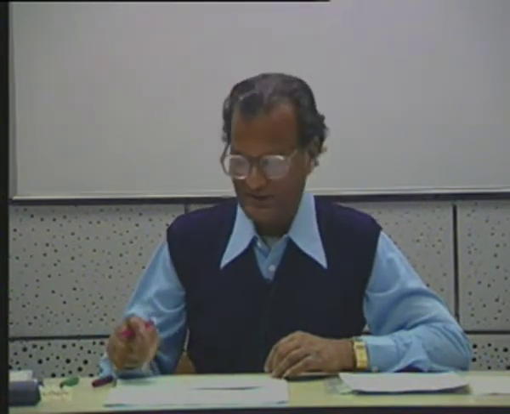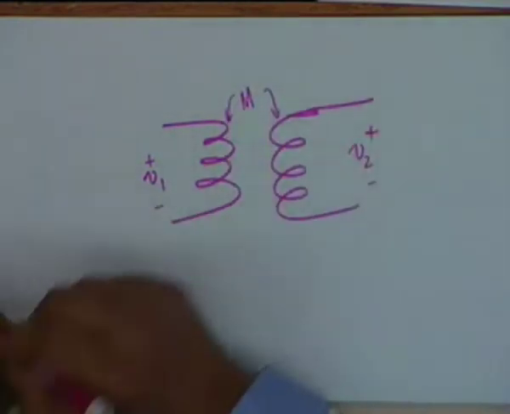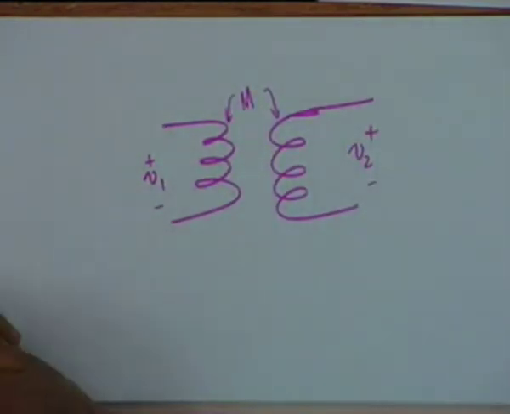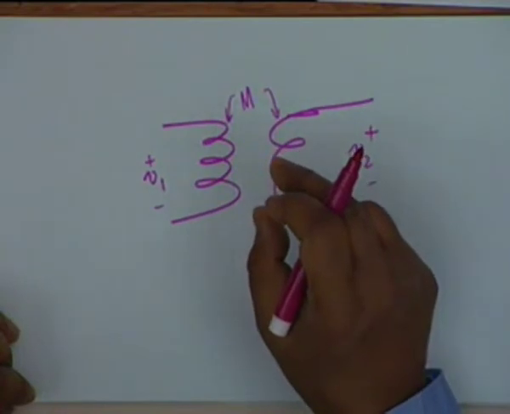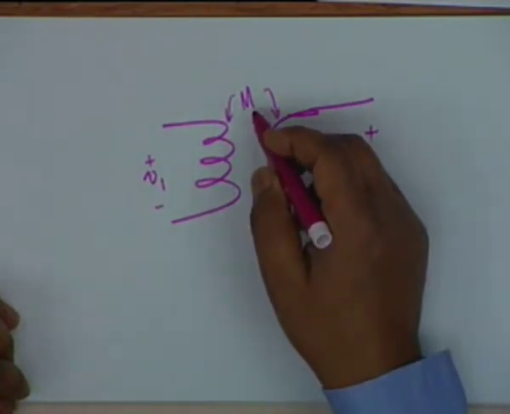One would be due to its own current variation, and the other component would be due to the current variation in the second coil. To characterize the second component, we require a constant called mutual inductance, and we denote this as capital M.